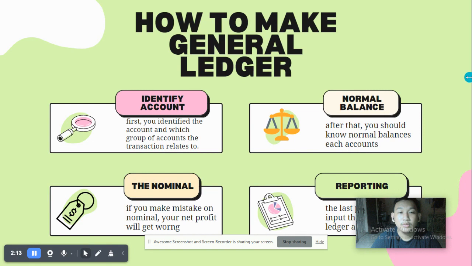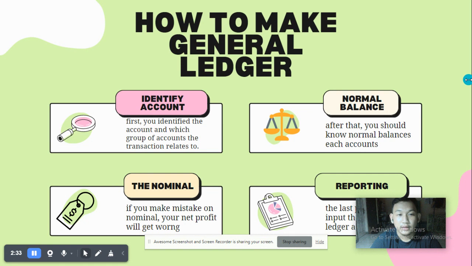Okay, how to make a general ledger? The general ledger is the summary of the journal, where the accountant records the transactions.